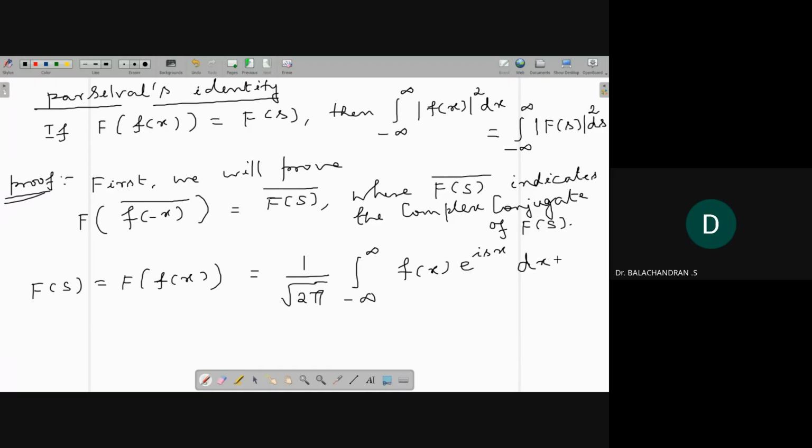Okay. So now I am going to take the conjugate. So the Fourier transform of f of x whole bar. Here I put a bar like this. So now this is equal to 1 by root 2 pi, minus infinity plus infinity, f of x whole bar, and e power isx whole bar is e power minus isx, the complex conjugate.